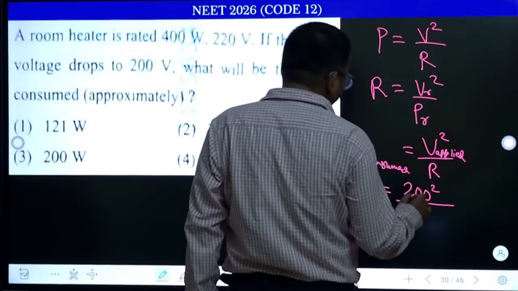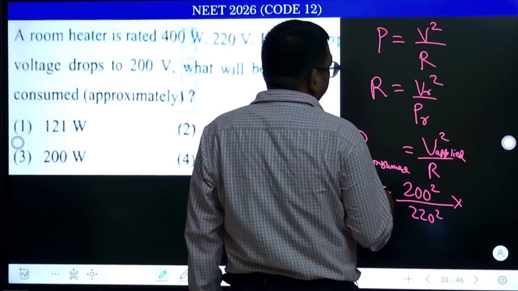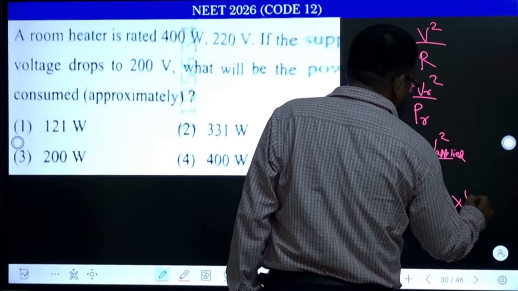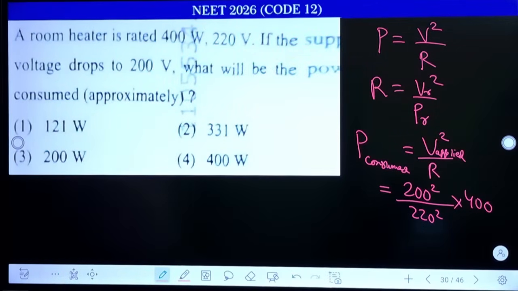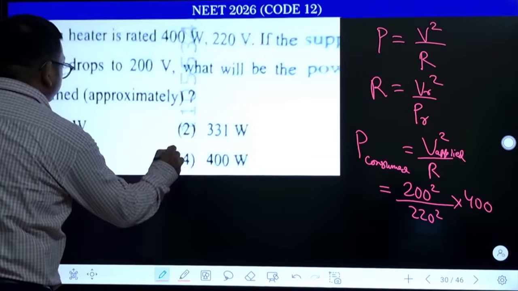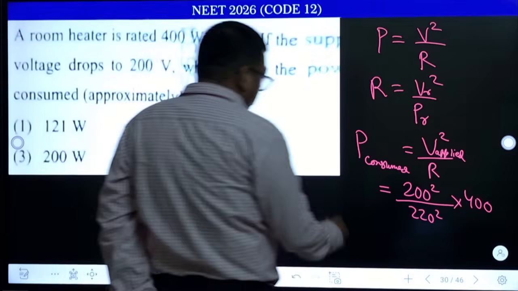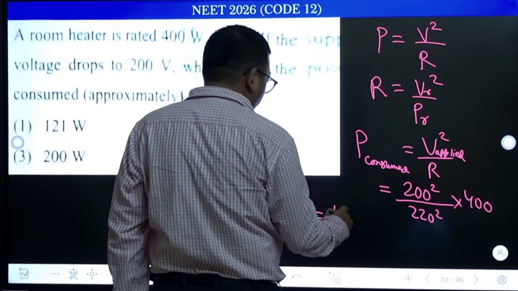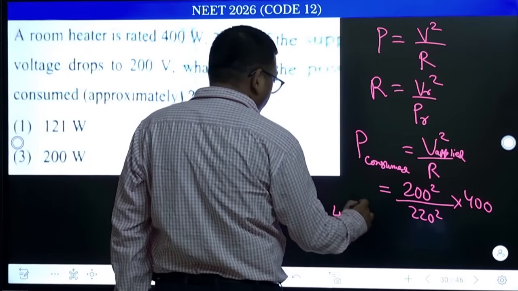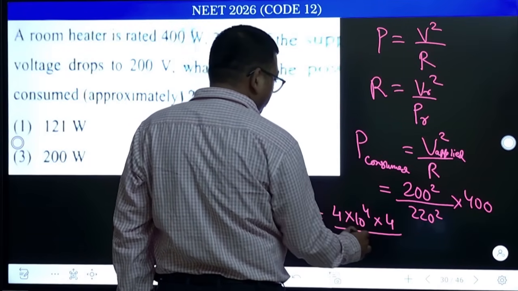So 200 square divided by this resistance. Previously how much was voltage? 220. So 220 square by power. Previously power was 400. This calculation you have to do, right? This calculation definitely it is less than 400. So 400 is not possible. How much will it be less? Check this. So 200 square, 2 into 2, 4. I will take 4 into 10 to the power 4, and this is also 4. This 100 factor will get cancelled.